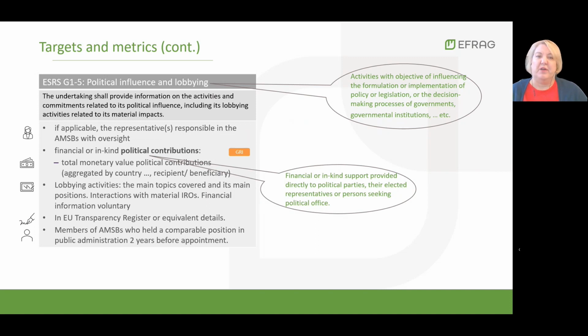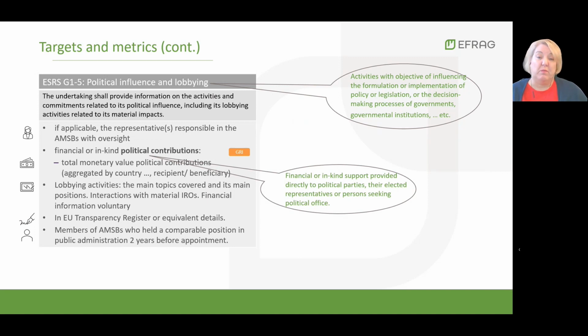For lobbying activities, however, we ask for the main topics covered and then the undertaking's main positions. And users would like to understand how this interacts with your material impacts, risks, and opportunities. If you want to provide financial information on lobbying activities, that is completely allowed, as we explain in Appendix B, but it is not required. What is required is that you provide information about the transparency register.